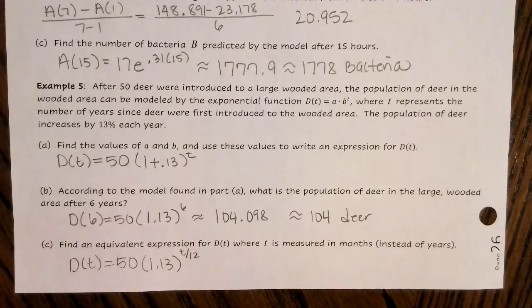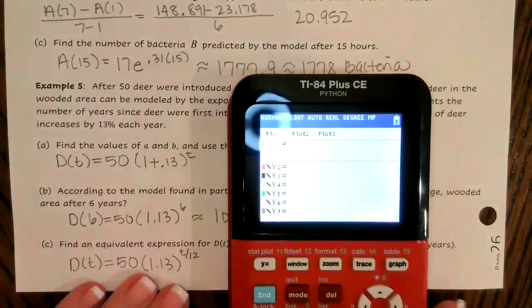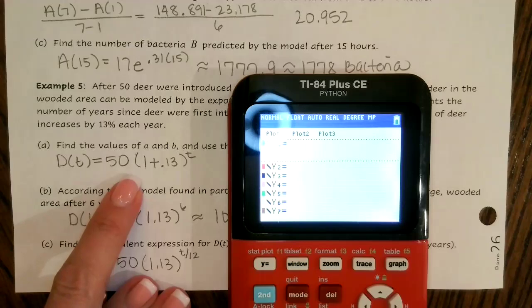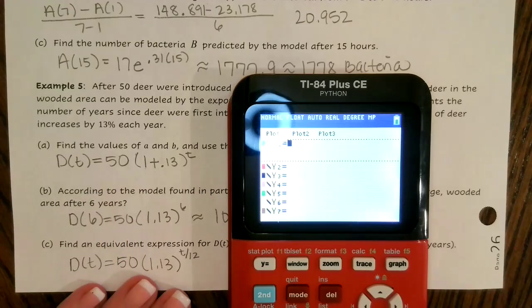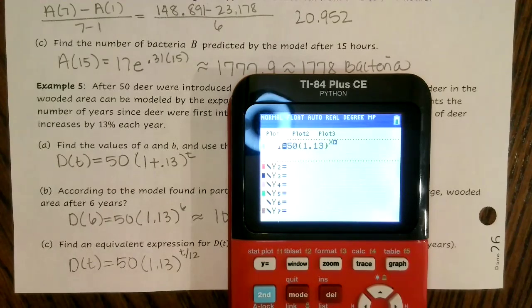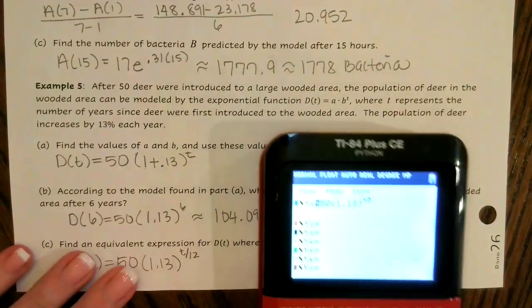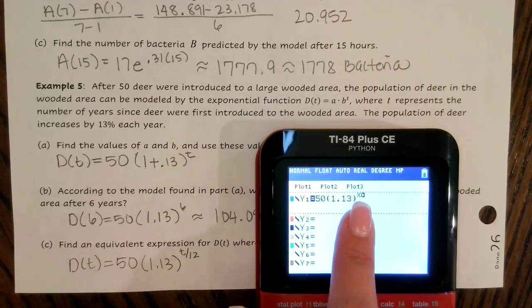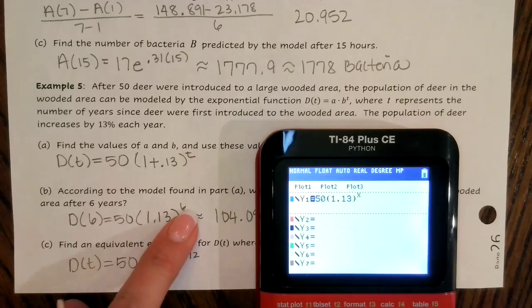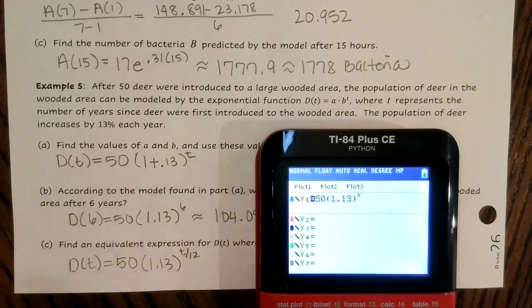So one of the questions that's not on there, but I do want to talk about a little bit here is going the other way. So if they gave us this equation, or we wrote this equation, and we're asked to find when is there going to be a certain amount of deer. So at that point, you don't have a value to plug into the x here. So when we were asked about 6 years, all I had to do was put the 6 in the exponent and find it.